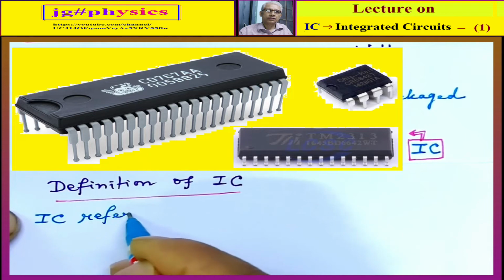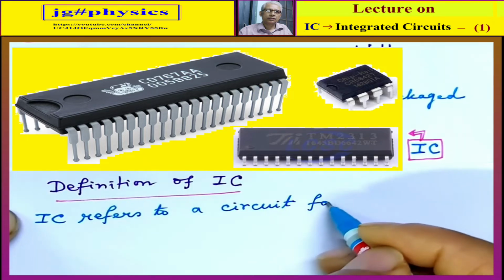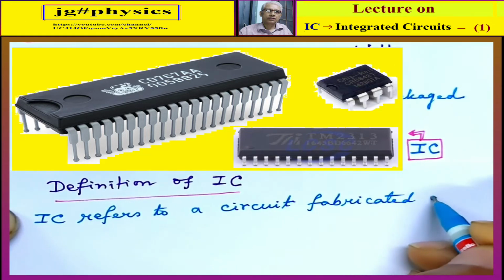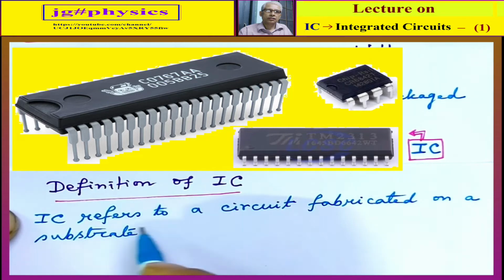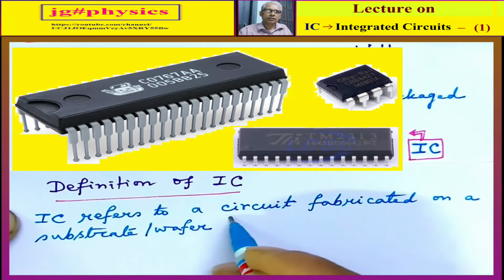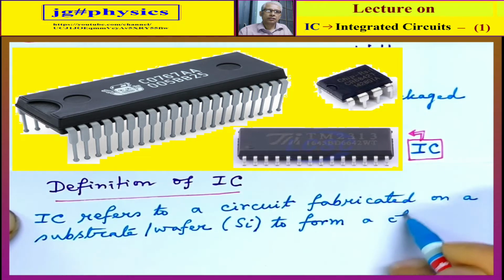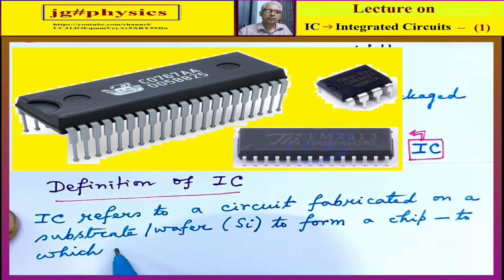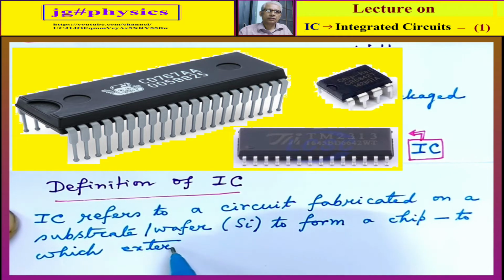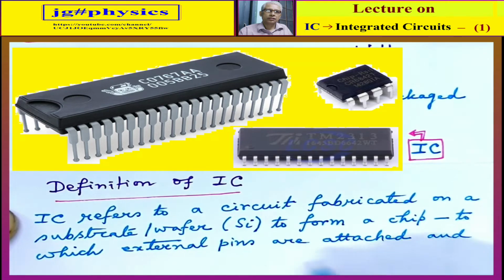IC or integrated circuit refers to a circuit fabricated on a substrate or wafer, say silicon, to form a chip, to which external pins are attached, and then protectively packaged.